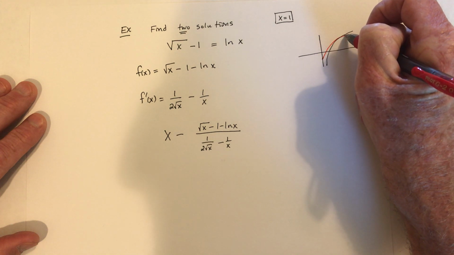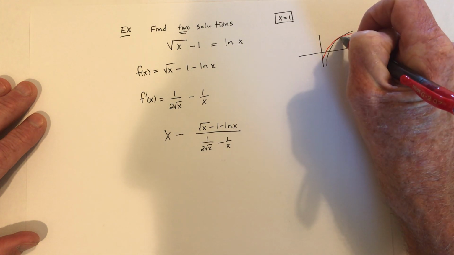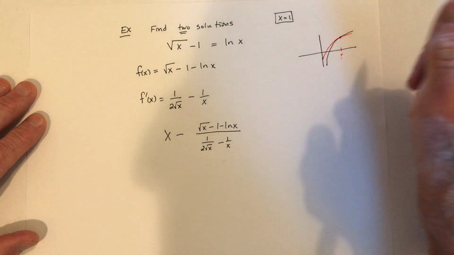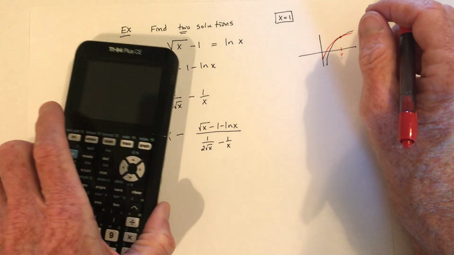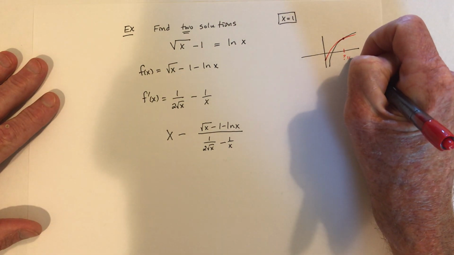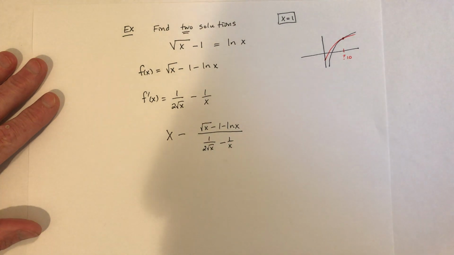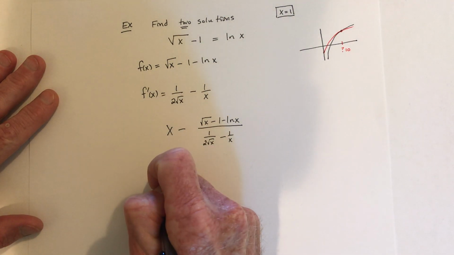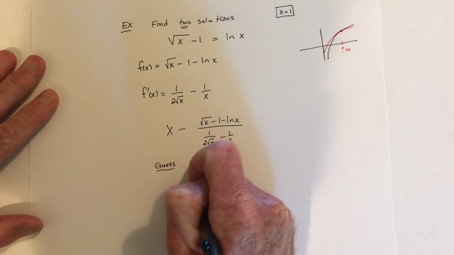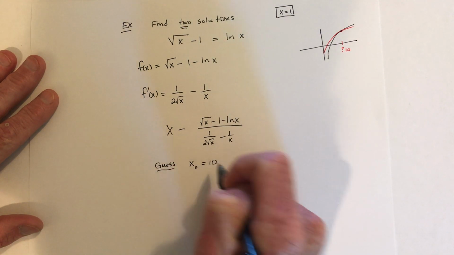And so eventually the two meet somewhere right here. So then I'll just put a guess. Of course, I could use the graphing calculator, but I like the challenge of just guessing. Is it 10? So my first guess, x0 is equal to 10.